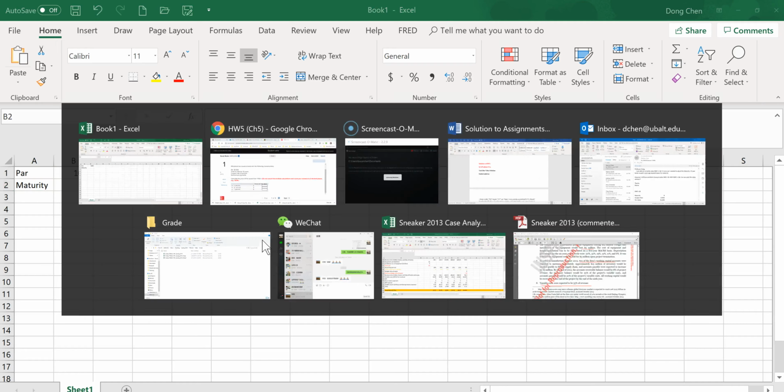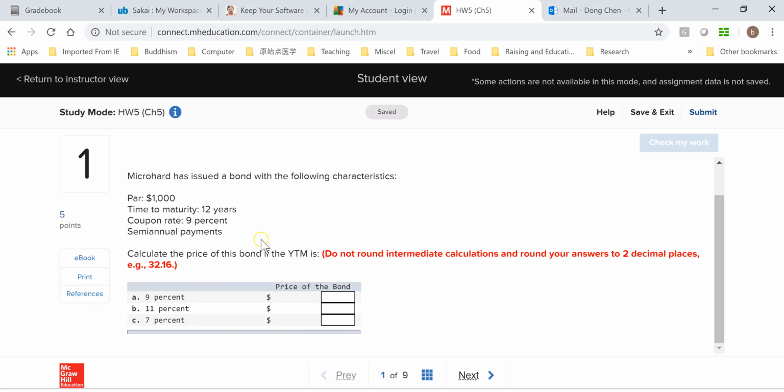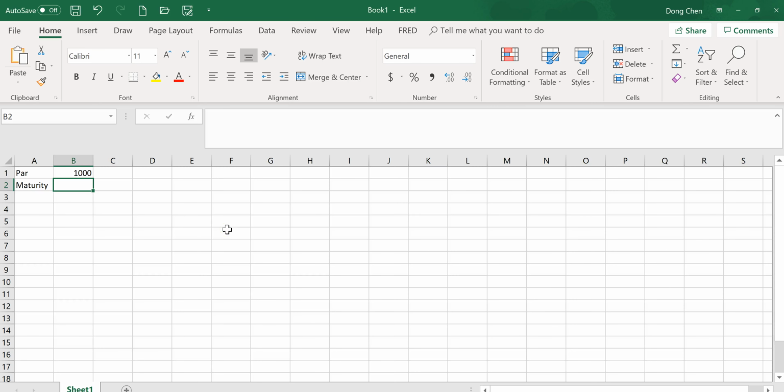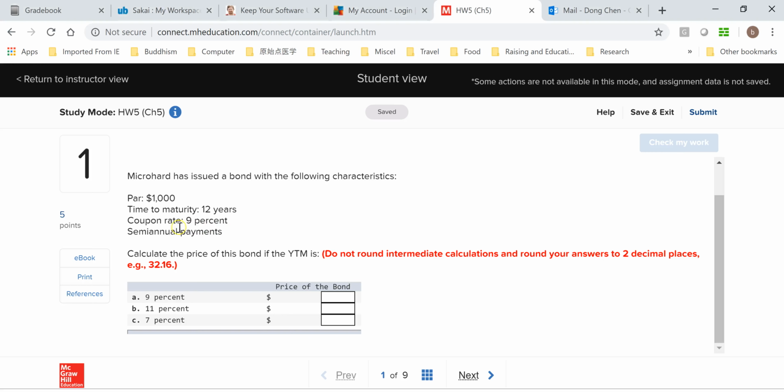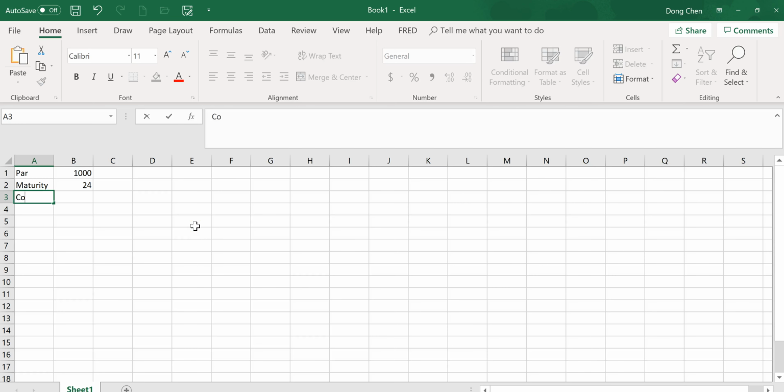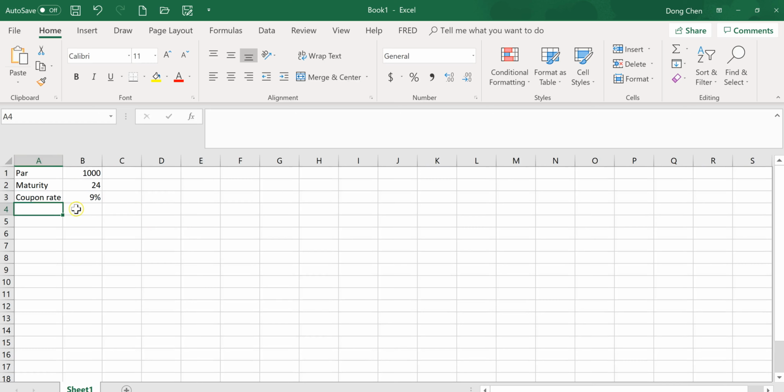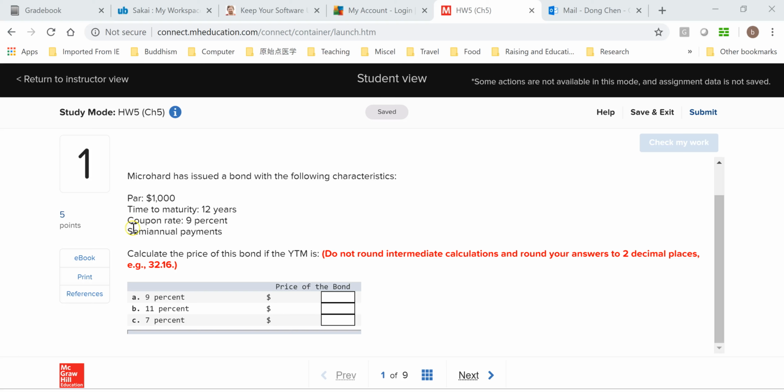But since we said we need to work with semi-annual terms, we need to convert that into the number of semi-annuals, which is 2 times 12. And coupon rate is 9%. By default, every number is in annual terms, so this coupon rate is also in annual terms.